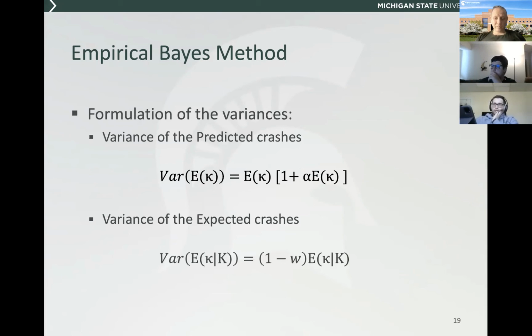Now, calculation of the variances for those counts is as indicated here. So for our expected number of crashes from the regression equation, we just plug in our data, we calculate that mean expected number of crashes. And then instead of the mean and variance being equal to one another, as we had talked about previously, this is where that over dispersion term comes in.